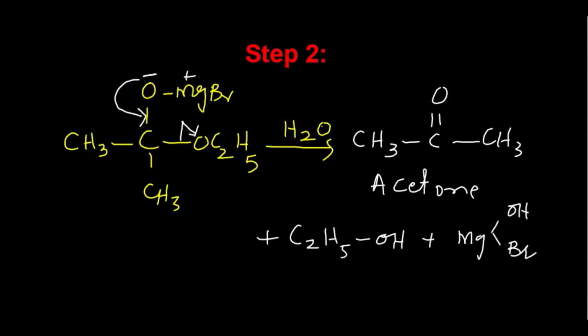Now students, we will see what will happen in the third step of the reaction. Further we will study the reaction of acetone. Acetone which is formed will further react with Grignard's reagent. Here we have Grignard's reagent, for example, methyl magnesium bromide.